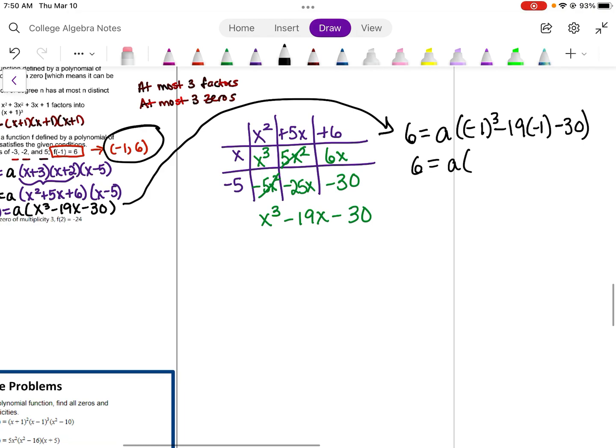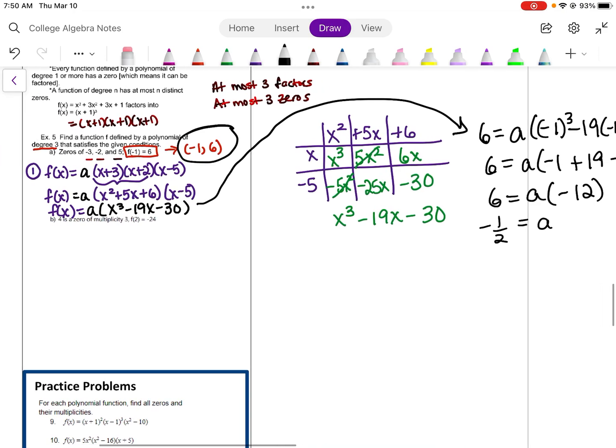So I have 6 equals a, negative 1 to the third is negative 1, plus 19 minus 30. And let's see, what is that? That's going to be 18 minus 30, so negative 12. If I divide both sides by negative 12, I'll have negative 1/2.